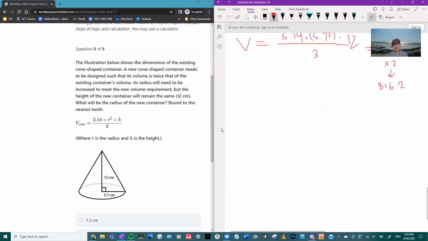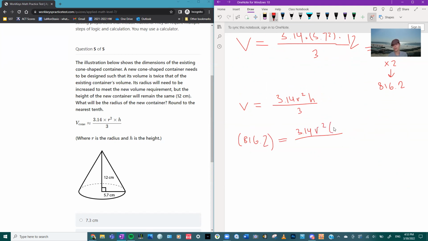All right, now we're going to use this equation that we used to find the volume, and we're going to use it to find the radius. All right, so this is what the equation is. Now we just plug in what things we know. Volume is 816.2, the volume of the new cone. And then 3.14, and we're trying to find the radius, so we just leave it as r.